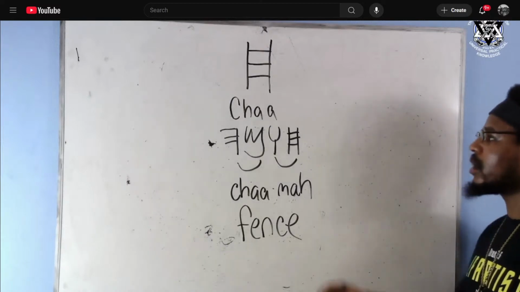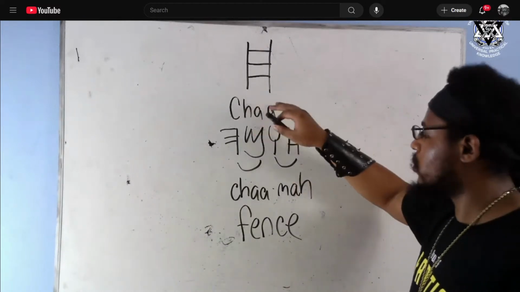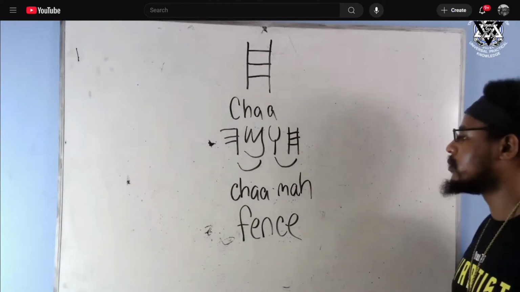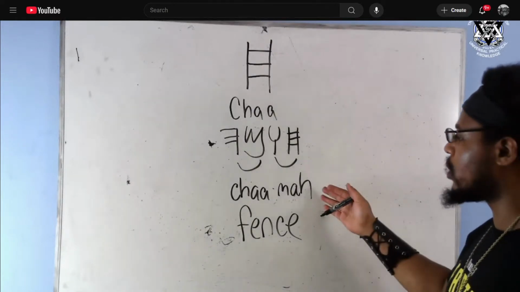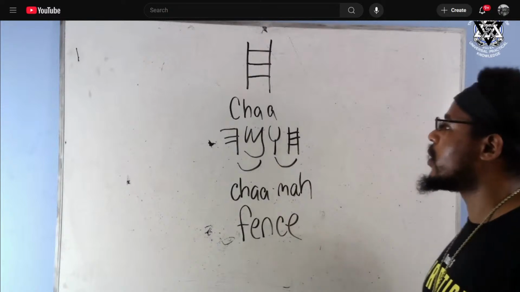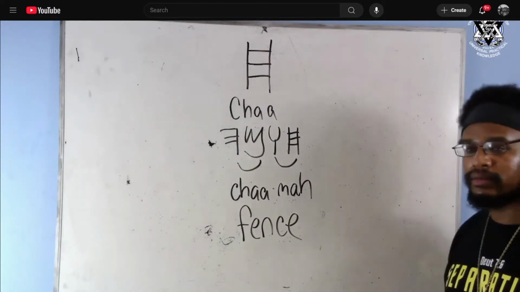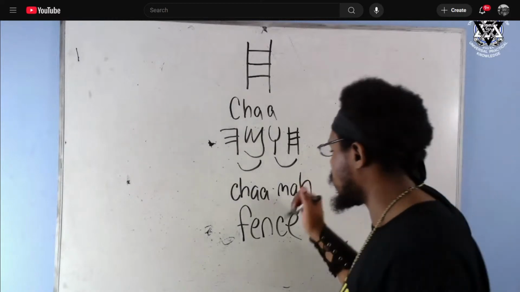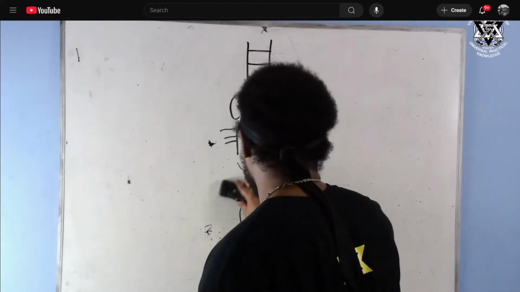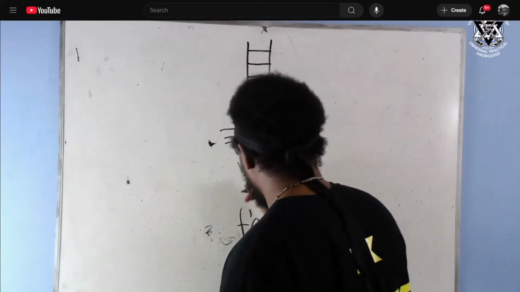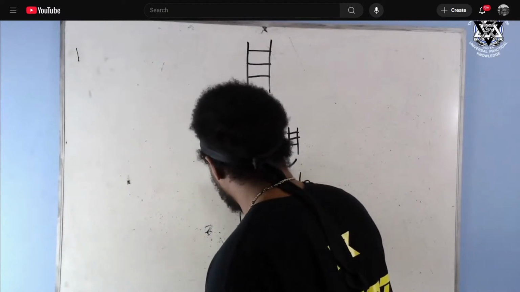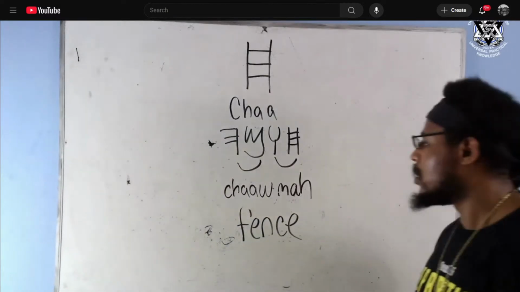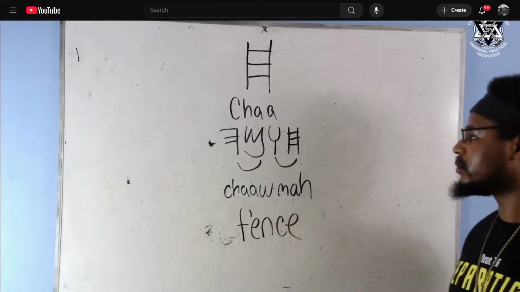So that's where Ka comes from. It is a picture of a fence. Comes from the word Chama, meaning fence.